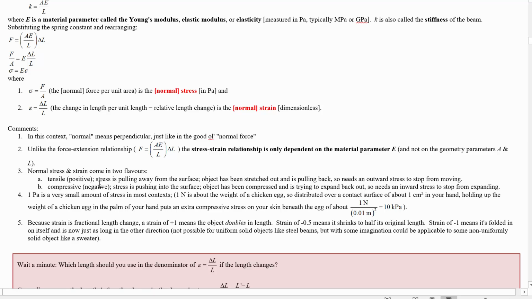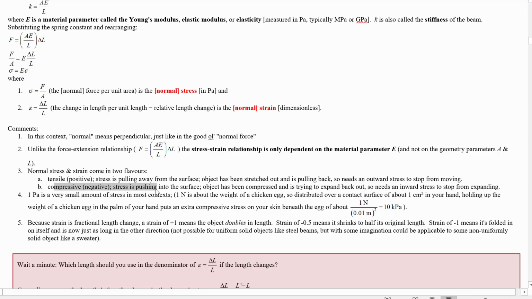That means the object has been compressed a bit by the stress we're applying and is trying to expand back out. So it needs an inward stress. We need to keep putting that inward stress to stop it from expanding back out. So that's compressive stress. Tensile stress, you've pulled apart on it a little bit, and it wants to compress back. You've put it into tension. It wants to compress. It's in tension.